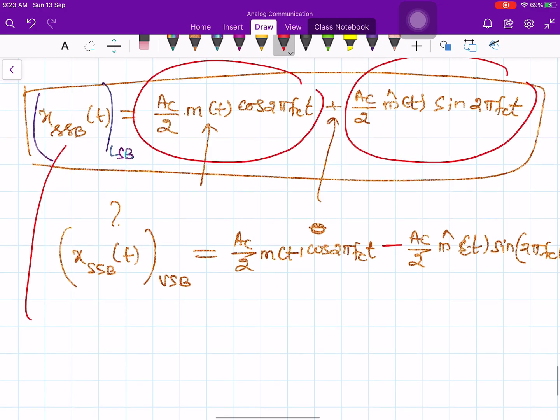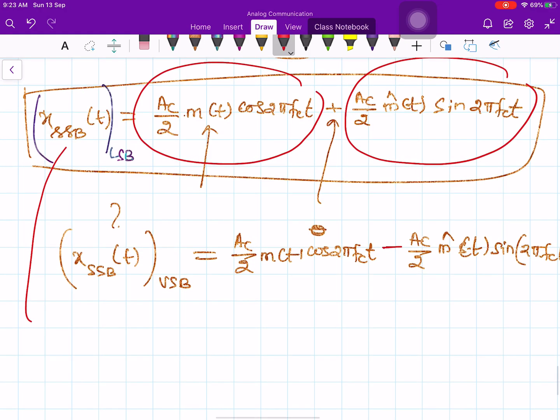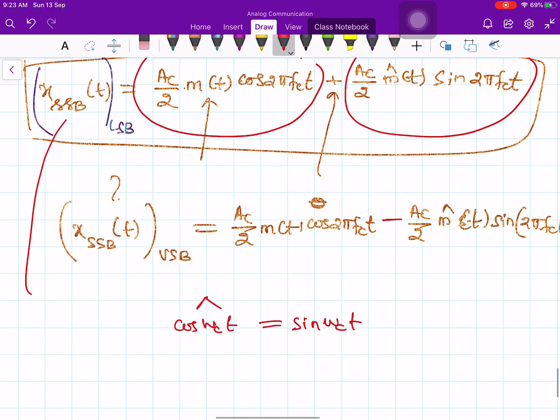For example, if we have cos omega ct and take the Hilbert transform, then it will be sin omega ct. We know how the waveform looks. Similarly, if we have sin omega ct and take the Hilbert transform, it becomes minus cos omega ct. So we know the Hilbert transform of sin and cos, but we don't know how the waveform will be when you take the Hilbert transform of an arbitrary signal.